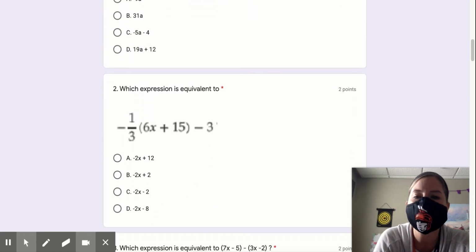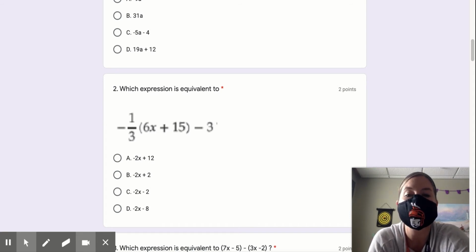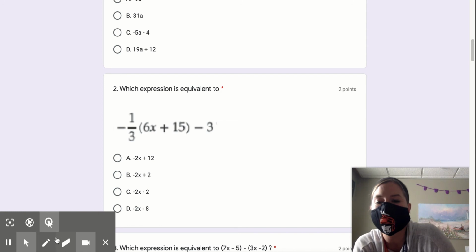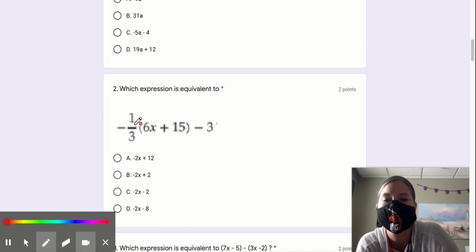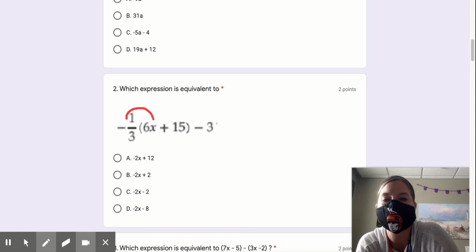Question number 2. Which expression is equivalent to negative 1/3 parentheses 6x plus 15 parentheses minus 3? Remember, you're going to distribute.